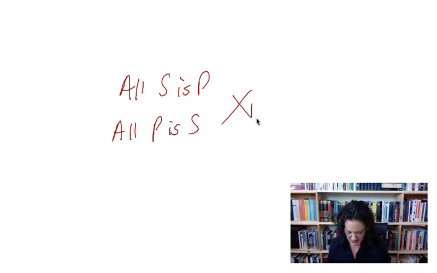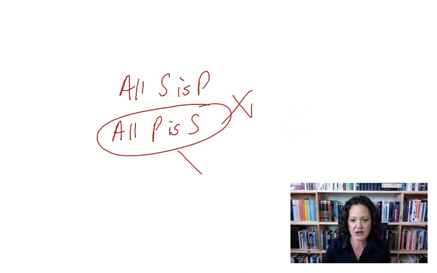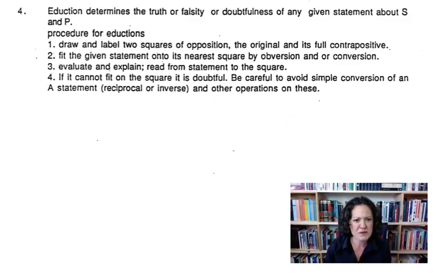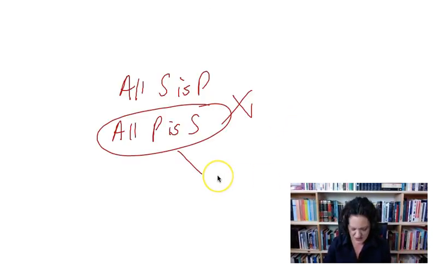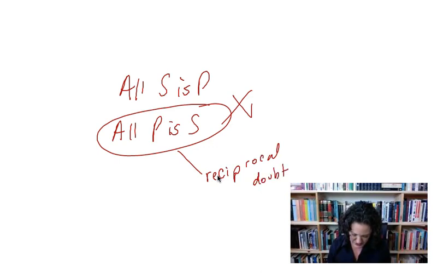We're going to say no. This is what was called the reciprocal, and it is doubtful. And guess what it is on the square? This is the contradiction of the O statements that can't be converted.